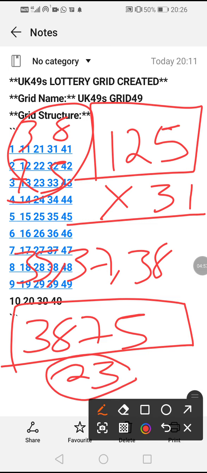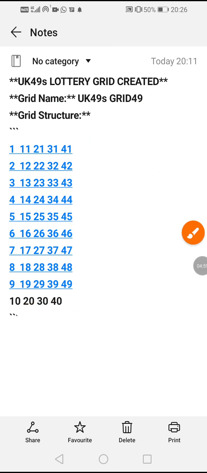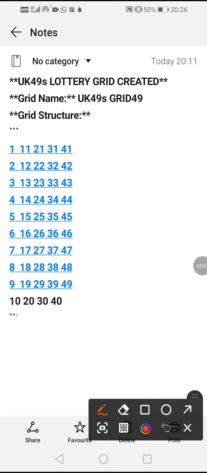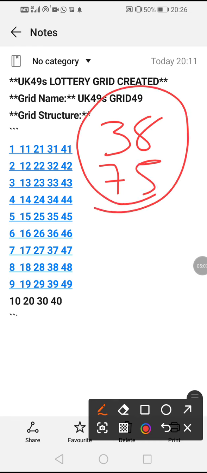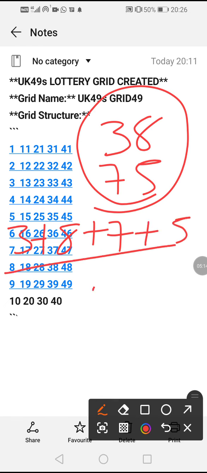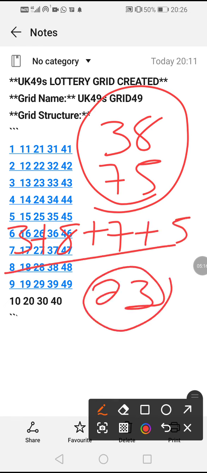So your code was 3875, and if you add everything inside, 3 plus 8 plus 7 plus 5, you get 23. So now you know that your banker is 23.